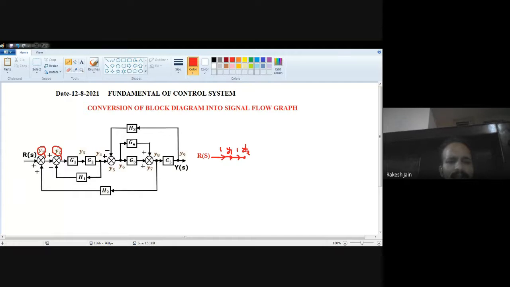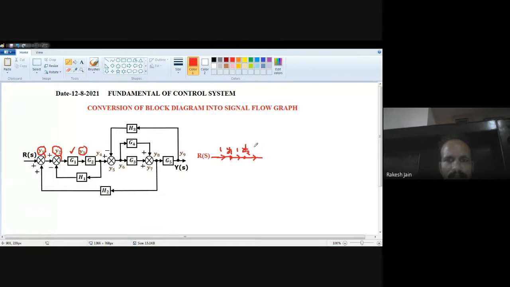Then the G1 block is there. All block gains can be represented by a single line with a gain of G1. The node is Y3 now. So again I draw a line with an arrow, and the gain is the gain of that block, which is G1.